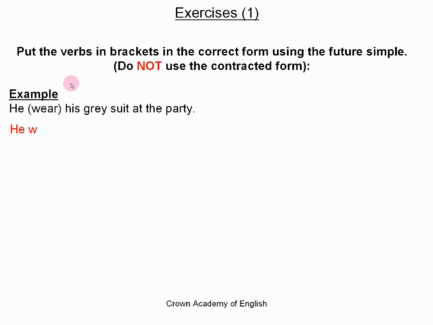And the answer is, he will wear his grey suit at the party. Okay? So there are two questions. Question 1. So I'll just give you a few seconds to think of the answer.